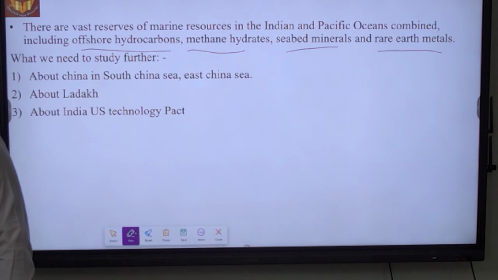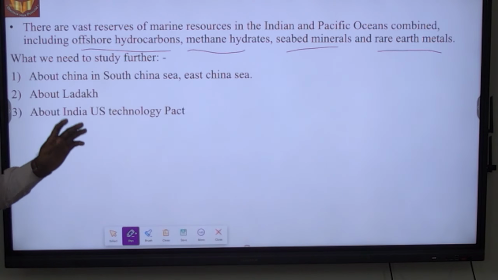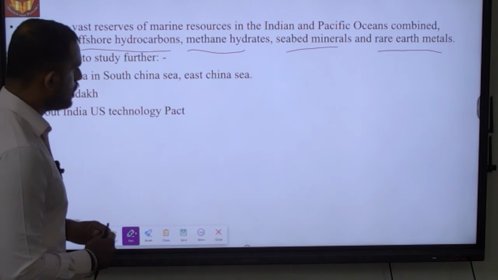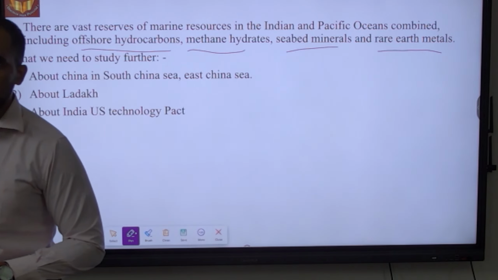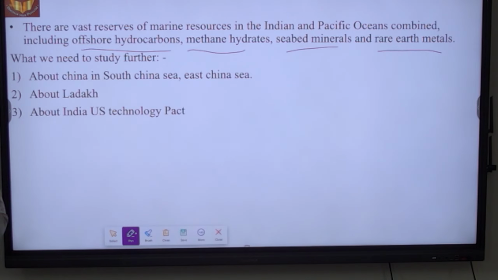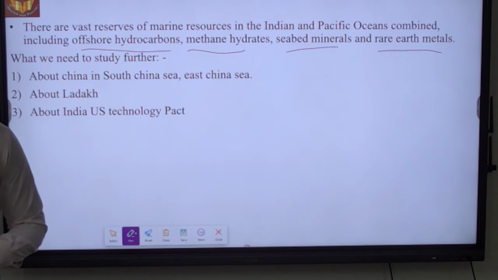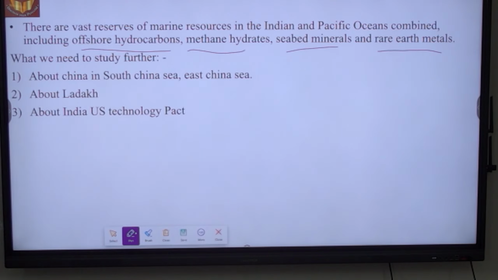So that is the reason why most of the countries are giving so much importance to the Indo-Pacific region, especially the US. And as we all know, China is doing some mischievous things in the South China Sea as well as the East China Sea by capturing islands, disputing with other countries' islands and creating border tussles with their neighboring countries, so that they want to have a hold over the Indo-Pacific region.